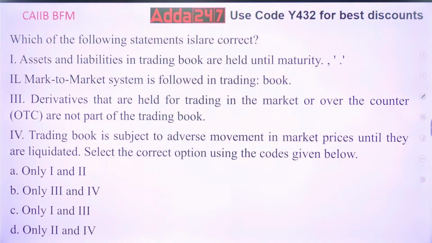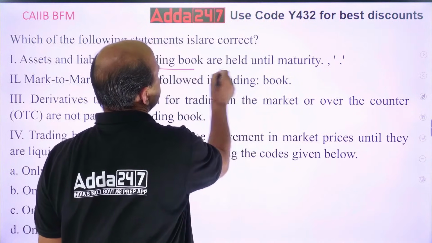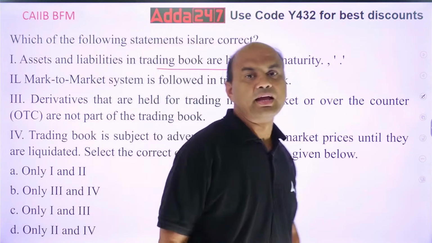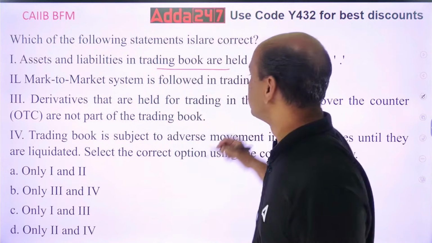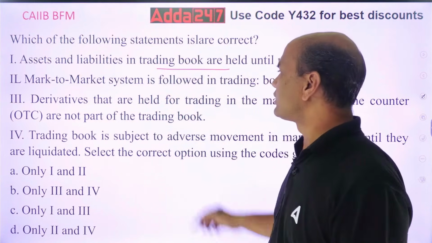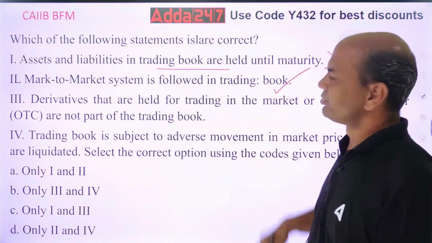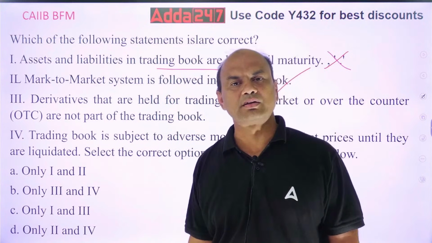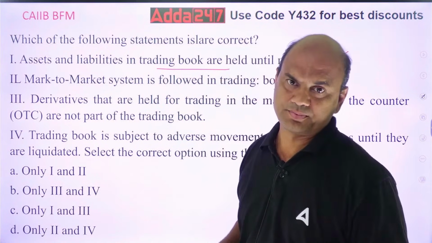Assets and liabilities in the trading book are held until maturity. Is it so? Assets and liabilities in the banking book are held until maturity. So this is false. Mark to market system is followed in the trading book. True. What is mark to market? Mark to market means notional profit or loss.